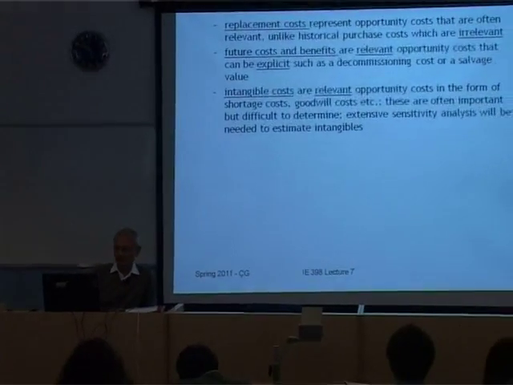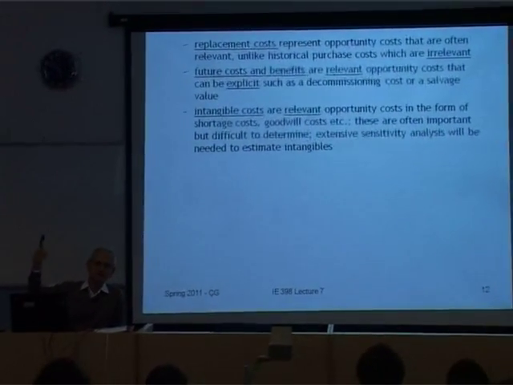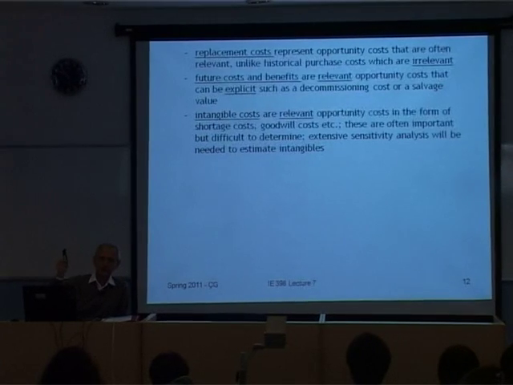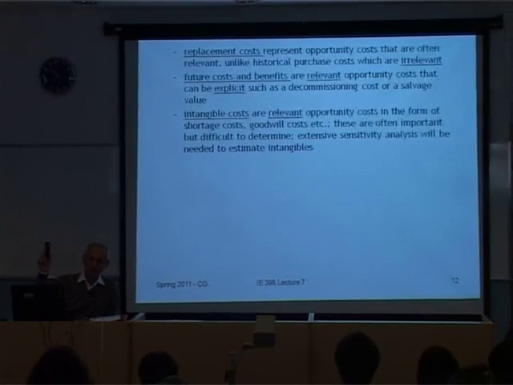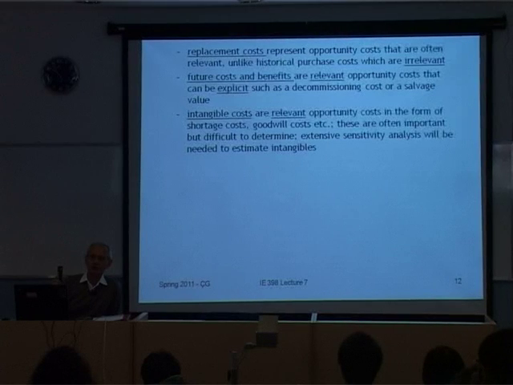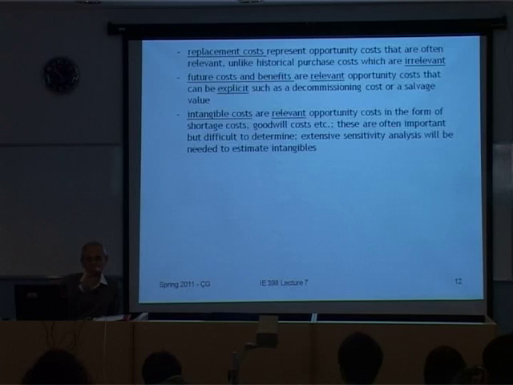What this means is that if you buy this item for some purpose and record the price you paid in your accounting books, this is a historical purchase cost, which might be irrelevant because when you want to replace this, the price you have to pay may be different from the price that you paid historically. So the replacement cost may not be exactly equal to the purchasing cost. Replacement costs are important for us, not purchasing costs, okay?